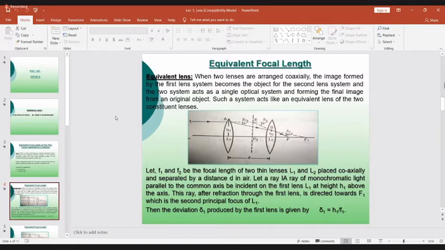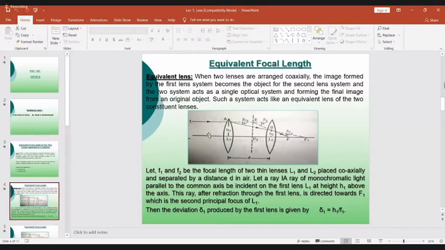We have two thin lenses. The first one is lens L1, another one is lens L2, and they are separated by a small distance d. This ray CA is parallel with the principal axis.